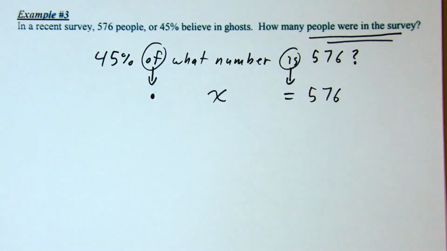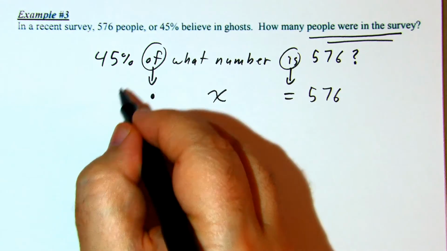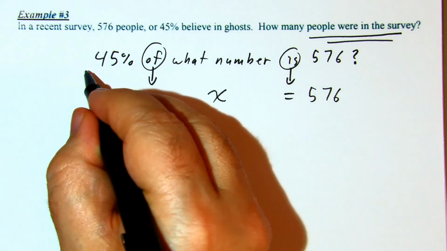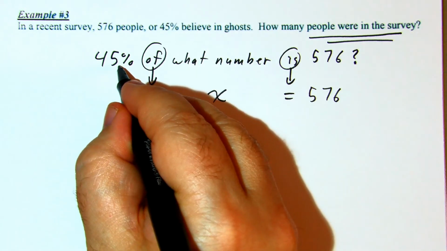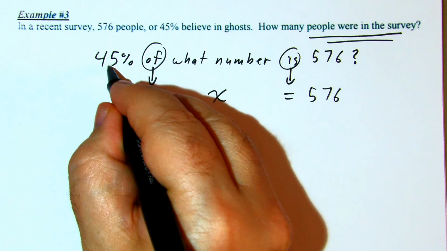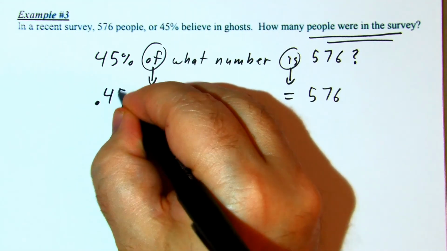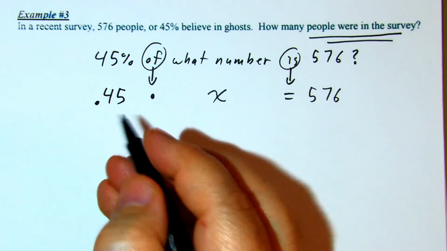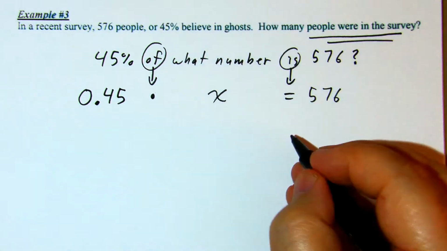We don't know it, so we'll call that x. 45%, we'll bring it down, but we'll change from a percent to a decimal by getting rid of the percent symbol, and the decimal point would start to the right of the 5, and the rule is to move it 2 places to the left, which gives us 0.45.